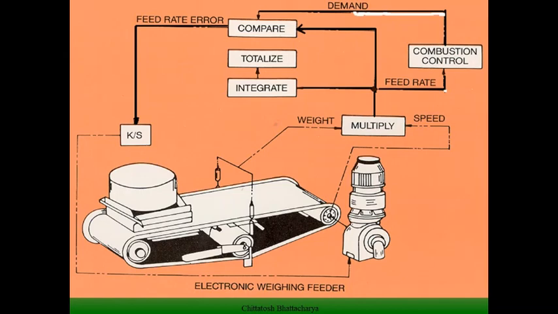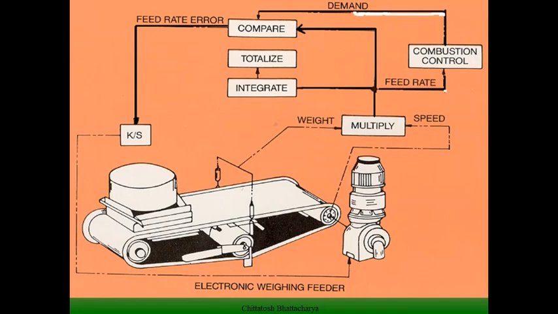In the electronic weighing arrangement, we have load cells fitted at the bottom of the belt, and that is measuring the instantaneous weight on the belt, and that is also getting reference with the revolution per second. When that speed and weight are multiplied, that is giving a feeding rate to the combustion control, that is matching with the demand actually.